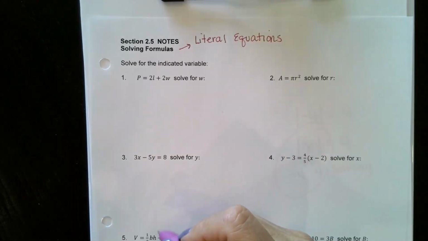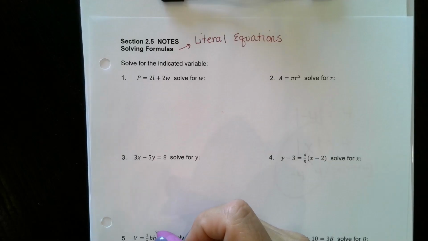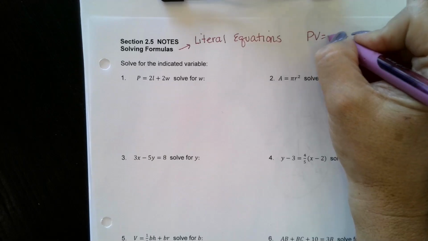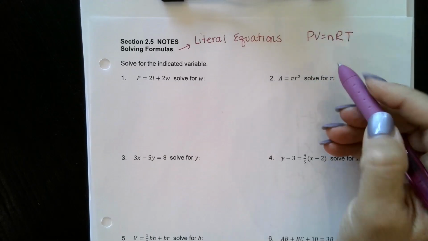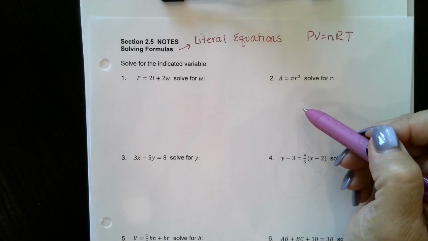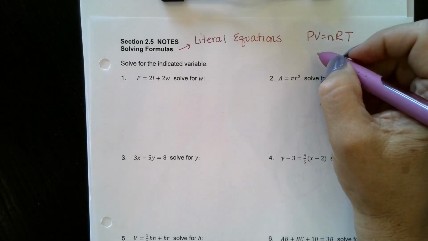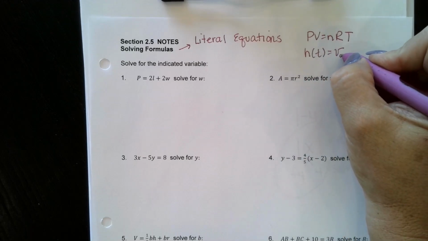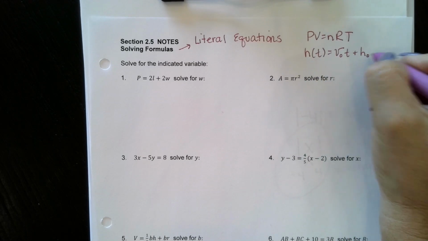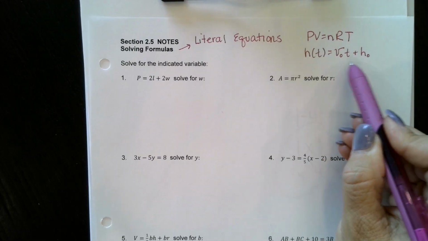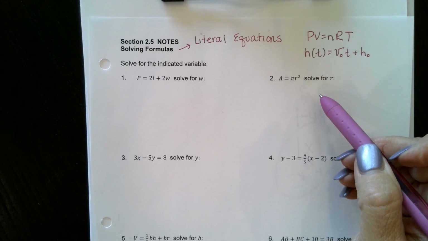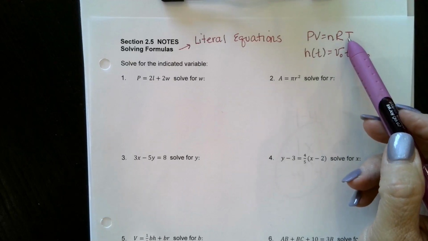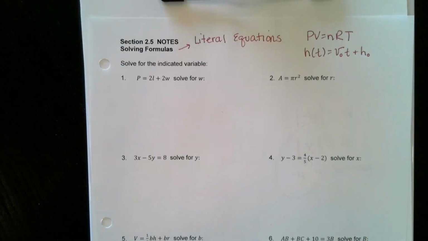You're going to use this most often in your science classes when we have big formulas like PV equals nRT, or h of t equals v sub 0 t plus h sub 0. We're going to solve each equation for just one variable. So you see this all the time in chemistry and physics and in your science classes.